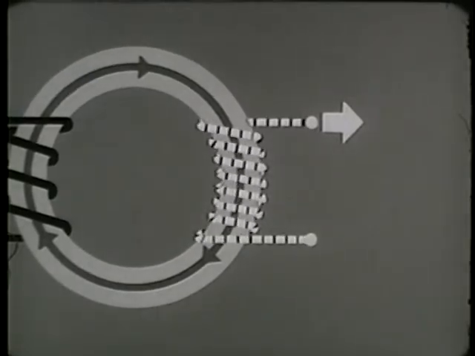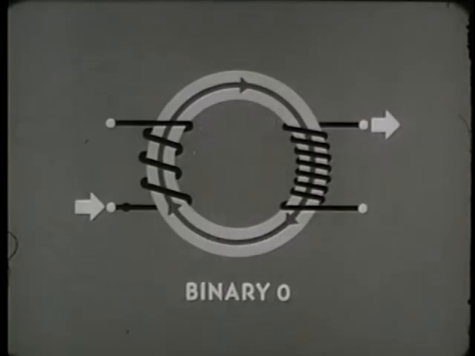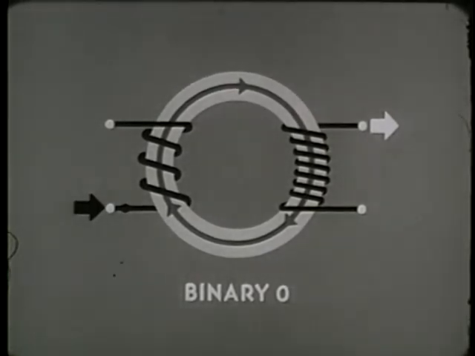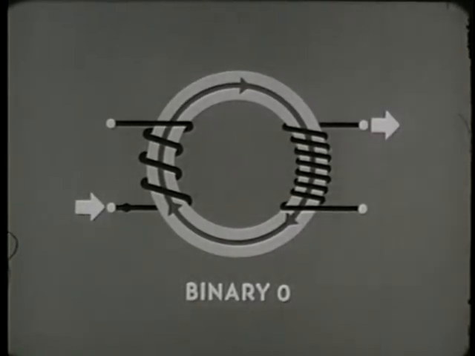Observe the direction of current flow, out the top of the winding. The way these two conductors are wound, a pulse of current sent into the bottom of the input winding results in a pulse of current going out of the top of the output winding.